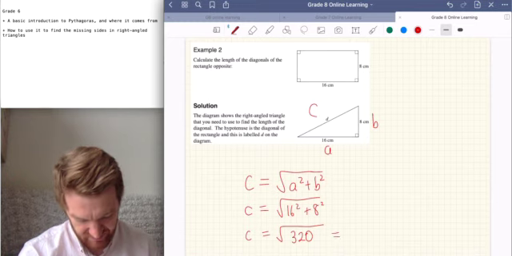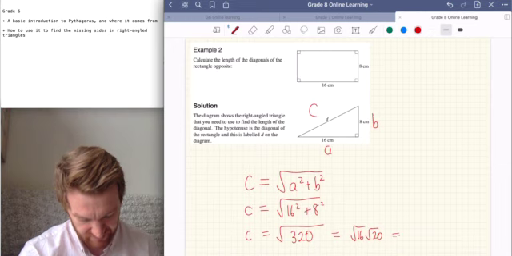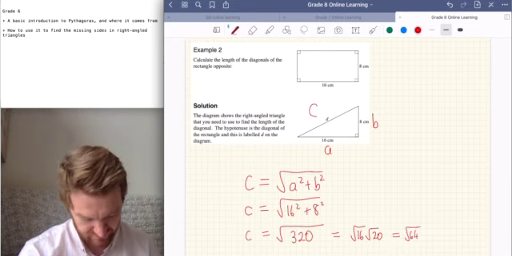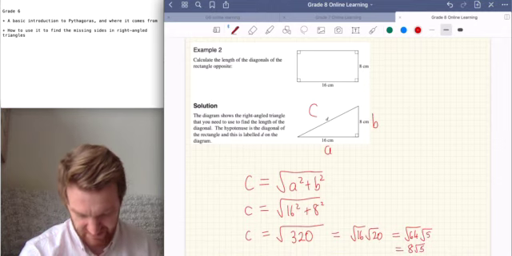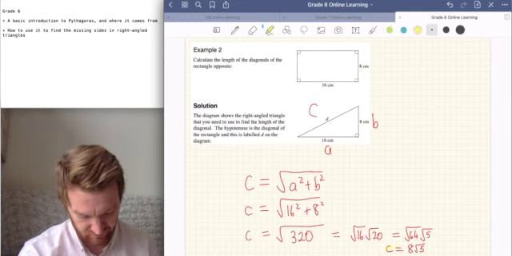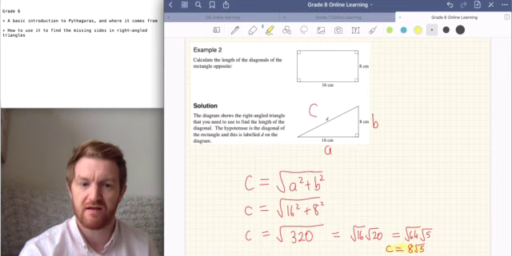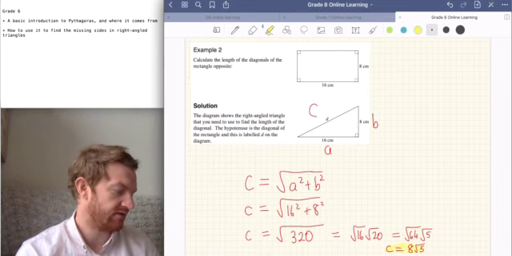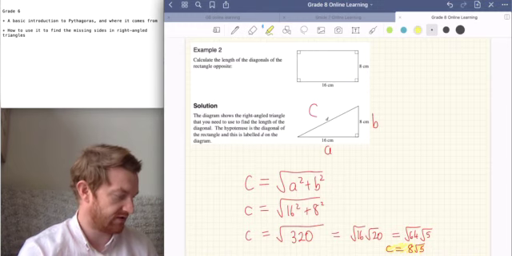For example, we could say it's 16 times 20, or even better than that, we could say it's 64 times 5, which is 8 root 5, and that would be our best answer because we leave it in root form. You can do that mentally as you get more practice, but if you are not happy with that, you can use your calculator and say root 320 is equal to 17.89.